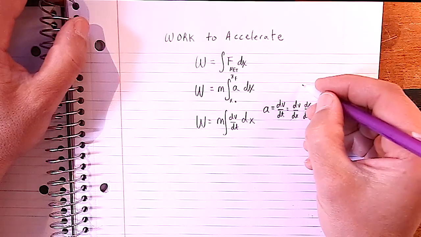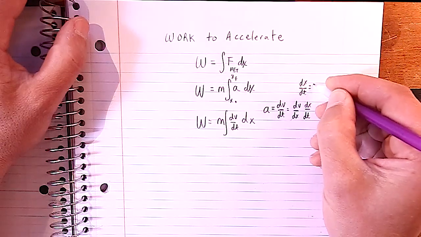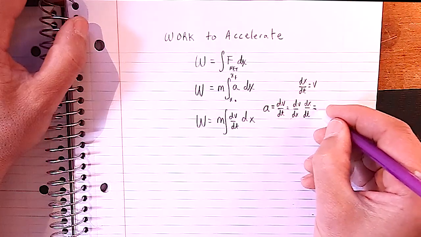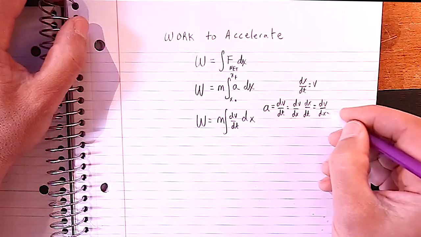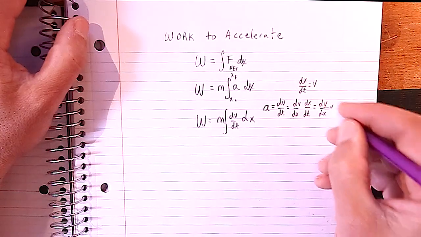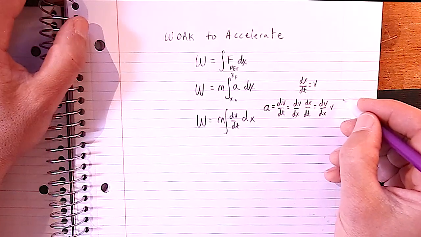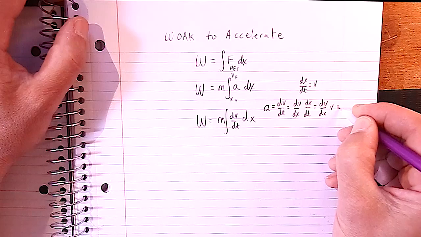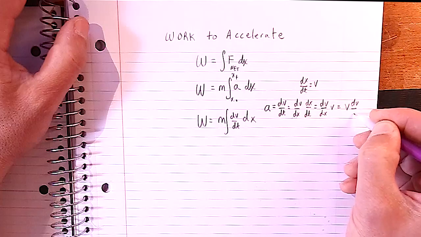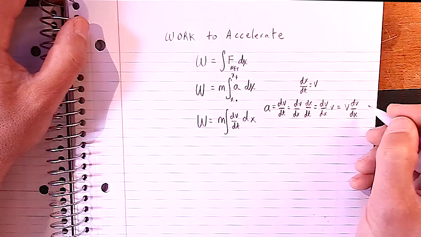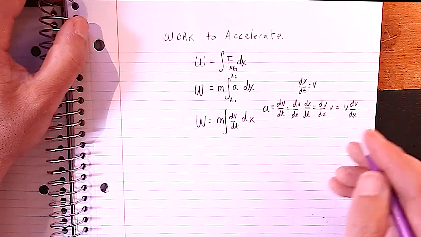But what's nice is that we know that dx over dt is our instantaneous velocity. So we can say dv over dx is multiplied by v, because that dx/dt is our v. So we can rewrite this as v dv over dx. So dv over dt is equal to v dv over dx.